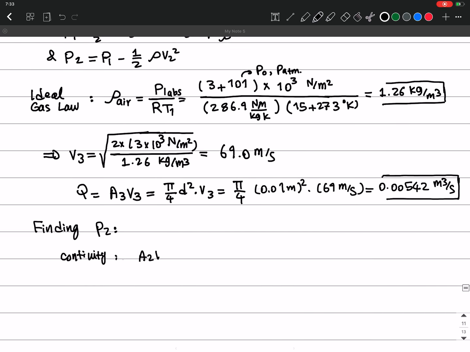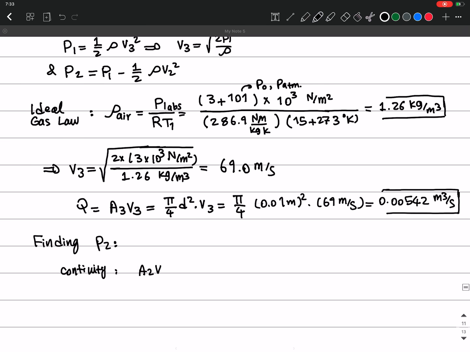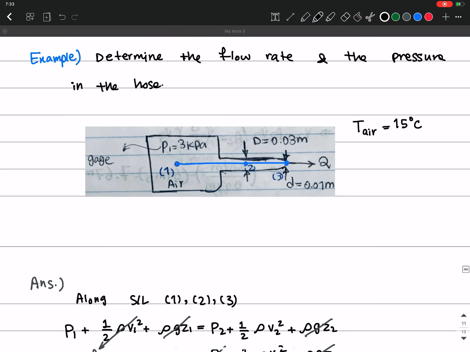So let's calculate and see what V2 is going to be. A2 V2 should equal A3 V3, so V2 is going to be A3 over A2 times V3, which equals small d to big D, squared, times V3.